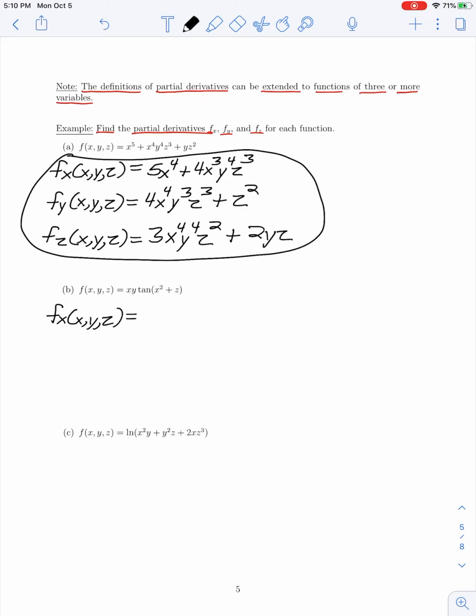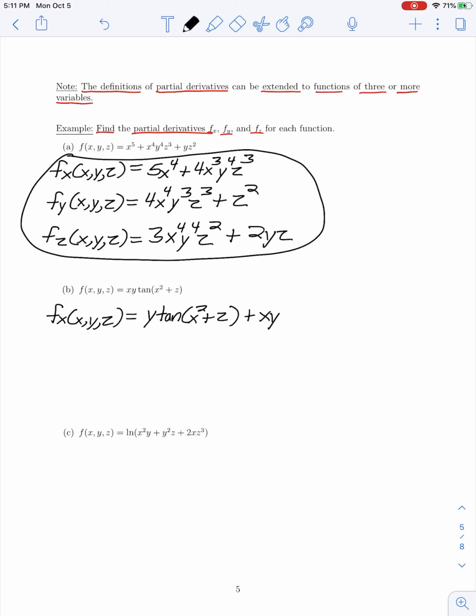So by the product rule, the derivative of this first factor, x times y, with respect to x, would be 1y, times the second factor, which was tangent of x squared plus z, plus the first factor, which was xy, times the derivative of tangent of x squared plus z.